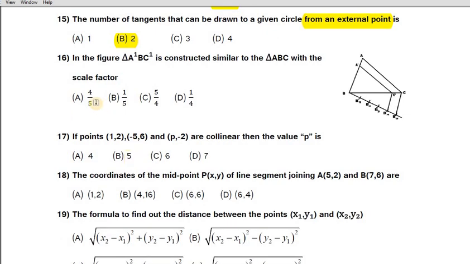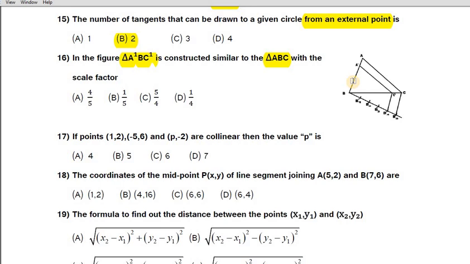Next question number 16. In the figure, triangle A1BC1 is constructed similar to triangle ABC with scale factors 4 by 5, 1 by 5, 5 by 4, 1 by 4. Children, observe the figure properly. If you observe the figure, then only you can answer this question. So actually here, which triangle is constructed first? They constructed triangle ABC first.